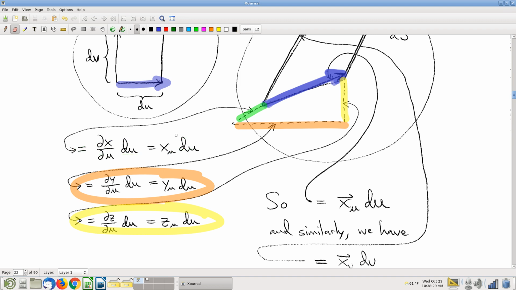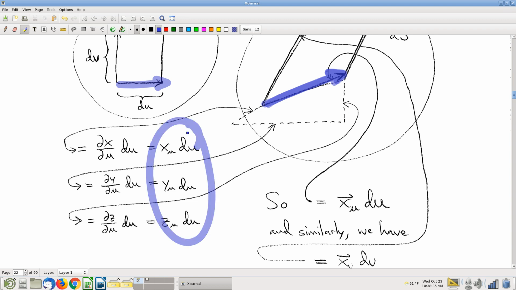Right, so then all together, looking at this vector as a whole, that vector has these coordinates, and there's a common factor of du in all of the coordinates. Notice that we're looking at partials of all of the coordinates of x with respect to u. So really, it's just the x_u vector, the u partial of the x vector, the u partial of our parameterization, times du.